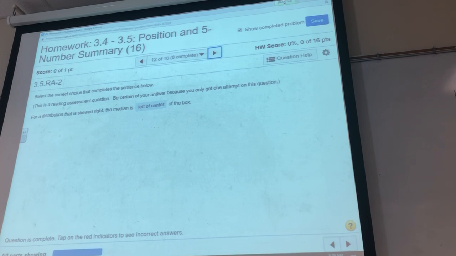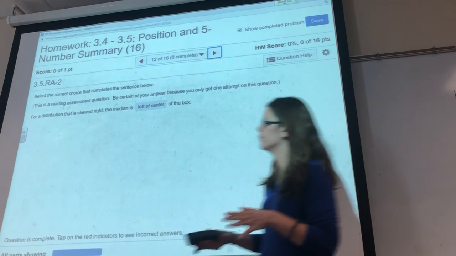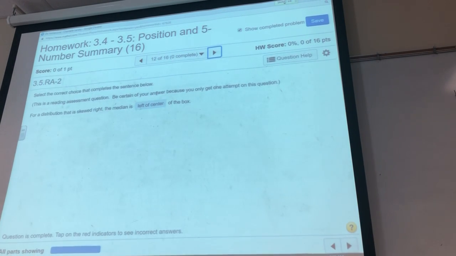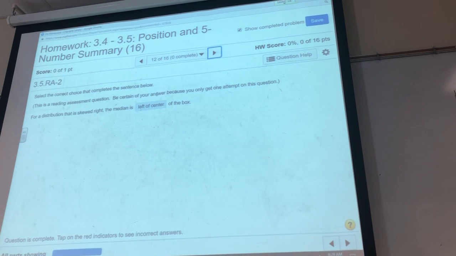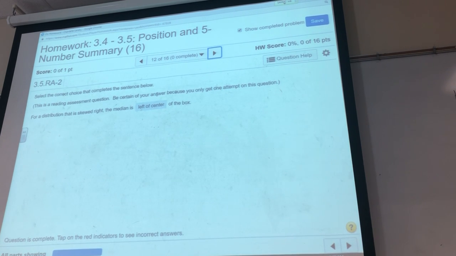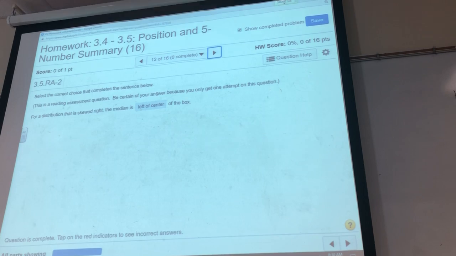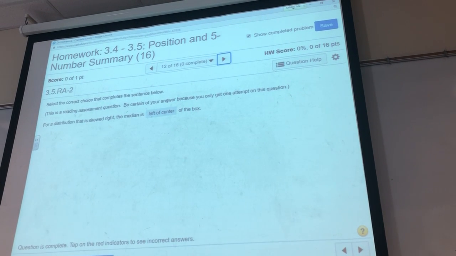Okay, so number 12 is going to be similar, where they don't give you the entire box plot, they just tell you one thing. So it says a distribution that's skewed to the right, the median is blank of the box. You have to figure out where it is.